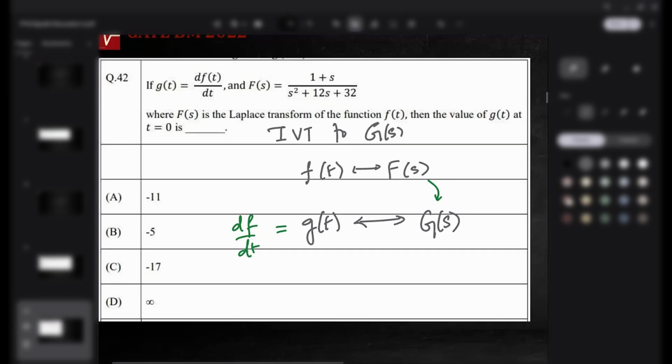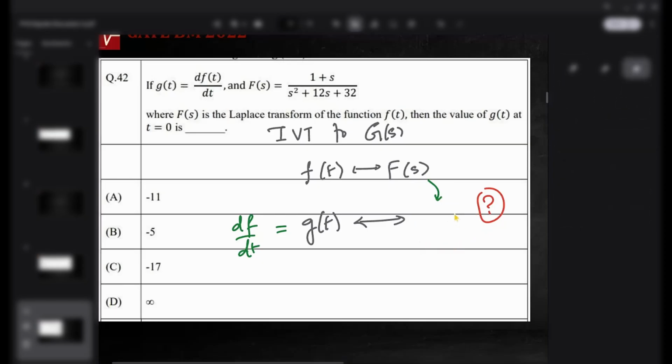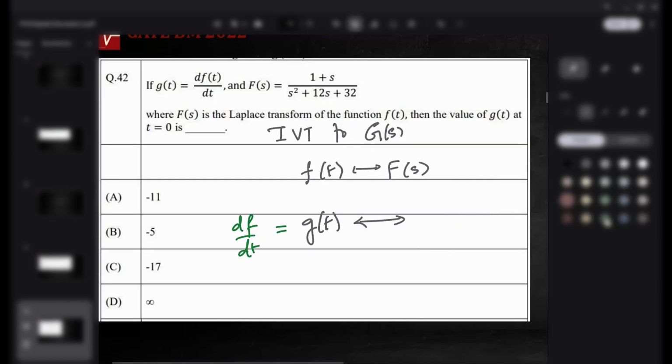But right now the problem is, hey, what is this? Oh, you only know F of s. Think about it. Again, it is one of the boxed details I discussed today. If you know the Laplace transform of f, you know the Laplace transform of the derivative.